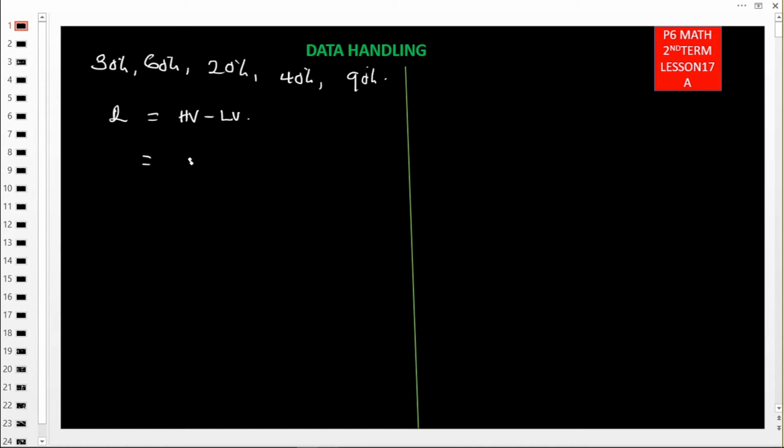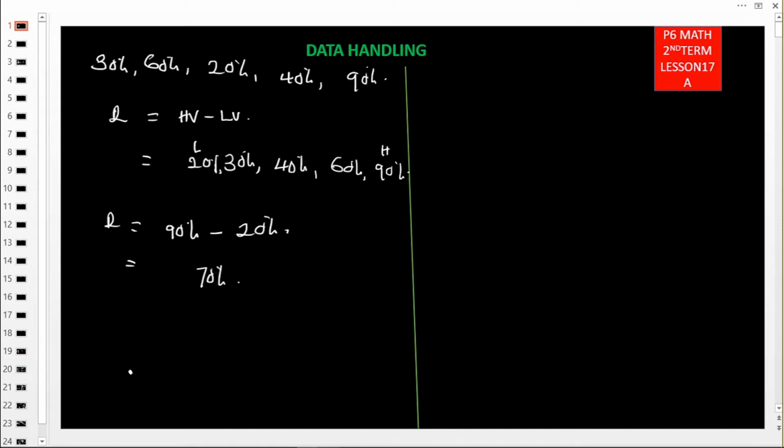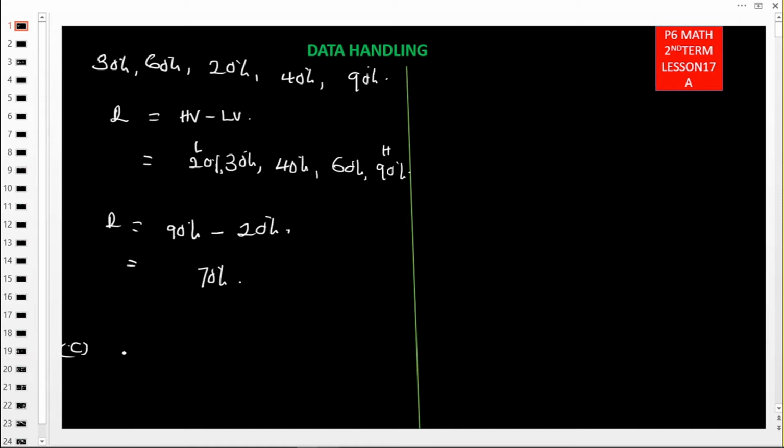We have the smallest, it is 20%, followed by 30%, then followed by 40%, then 60%, and lastly is 90%. So lowest is the 20, highest is the 90. So our range is equal to 90% minus 20%. So what is the answer? The answer becomes 70%.